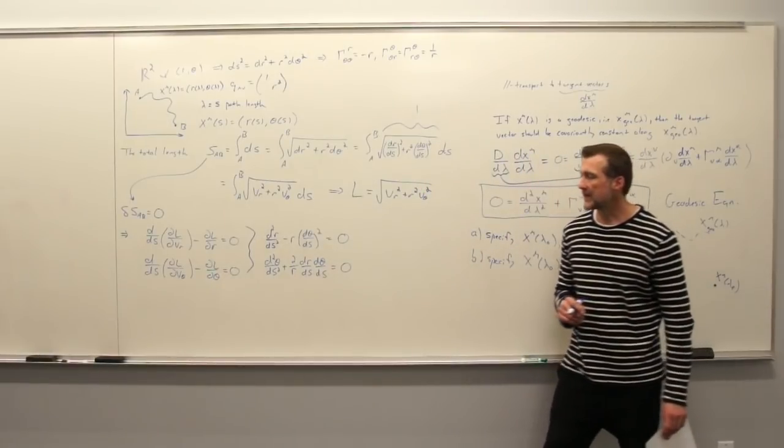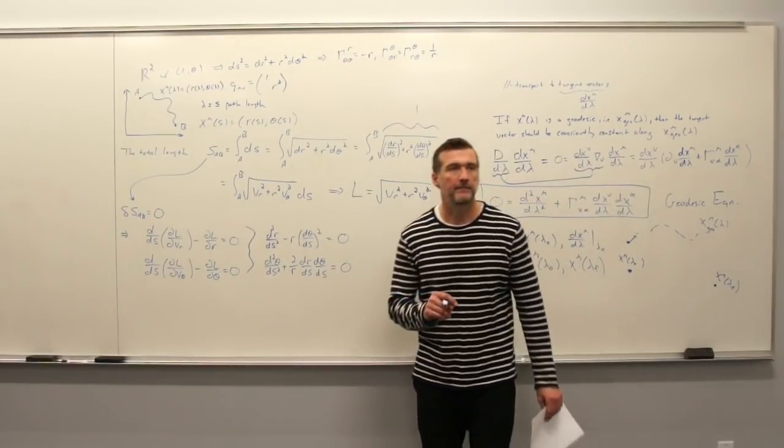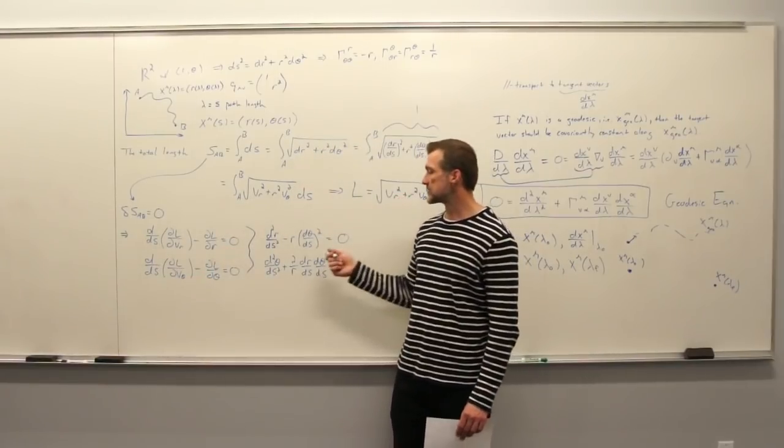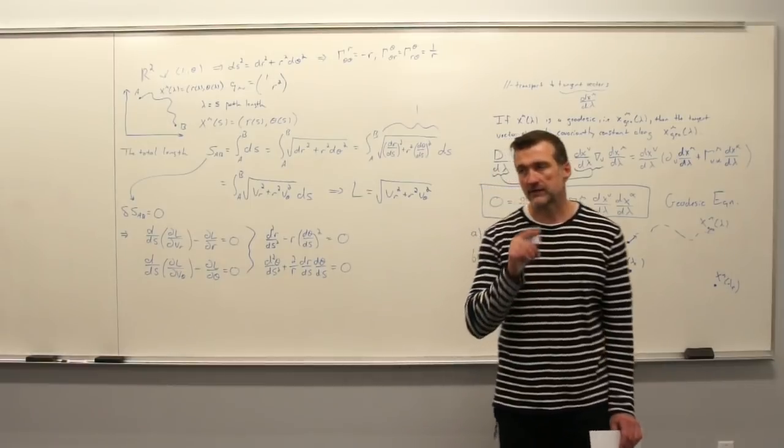Okay. And don't worry, I'm going to let you do this in your homework. So you'll get to fill in the details of starting from here with this Lagrangian and generating these specific equations.